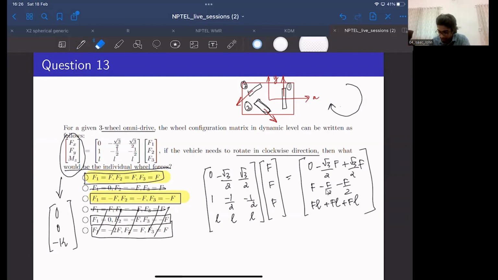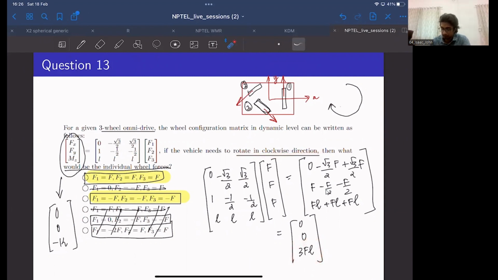So this would be basically 0 in the first row, 0 in the second row, 3 times FL. But we have a positive constant for the third row. In this regard it's almost similar, but we would want a negative sign because the question says clockwise direction. We have a positive constant here.